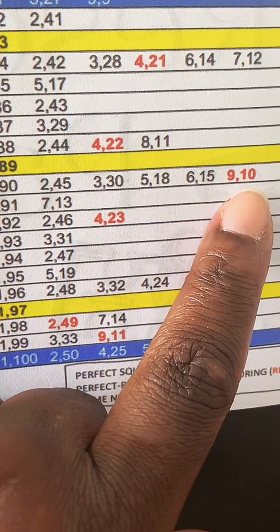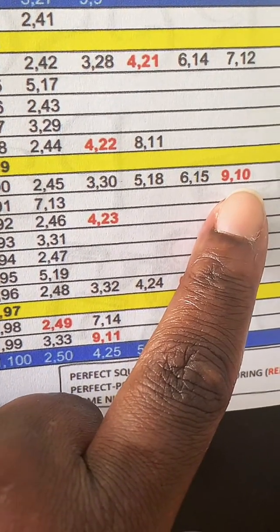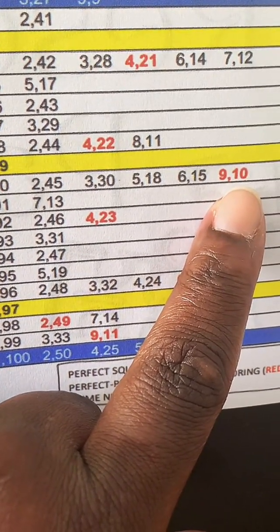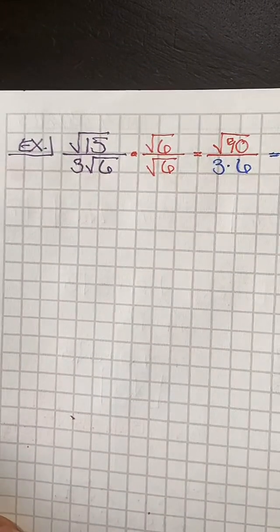And you're probably saying, well, Audrey, 10 is not prime, but the square root of 10 is one of those special prime radicals.